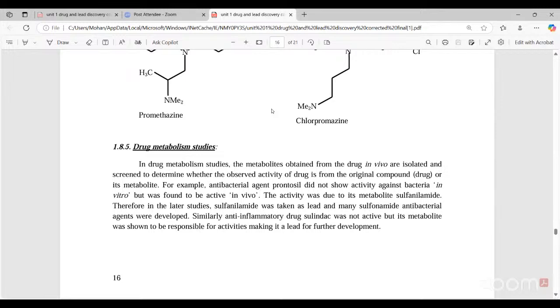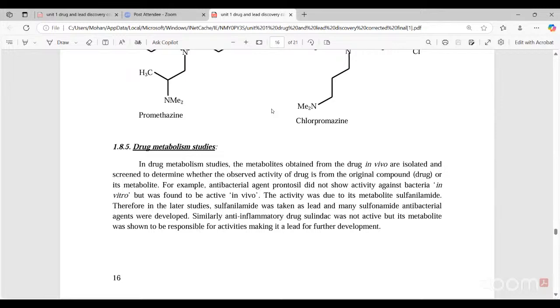For example, the antibacterial agent prontosil did not show activity against bacteria in vitro, but it was found to be active in vivo. The activity was due to its metabolite sulfanilamide. Therefore, in later studies, sulfanilamide was taken as a lead, and many sulfonamide antibacterial agents were developed.